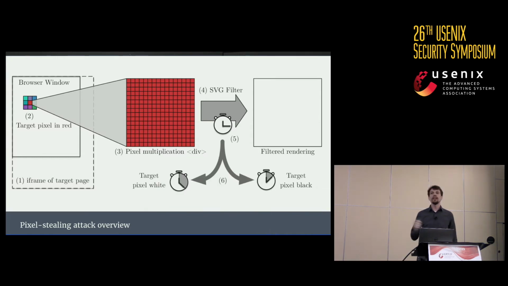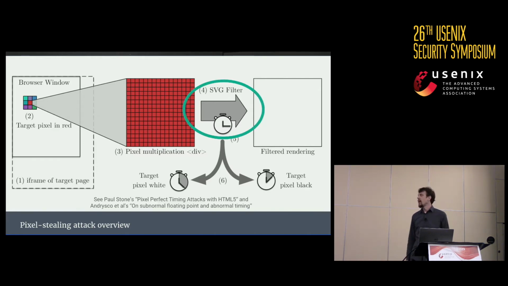And based on how long it takes to render, we can classify that original target pixel as either white or black. And to do this, we use the high-precision timing interfaces that are built into all modern browsers. They let us access the timers necessary to do these attacks. And if you want this to work, you obviously need a timing difference in the SVG filter based on what the original pixel value was.